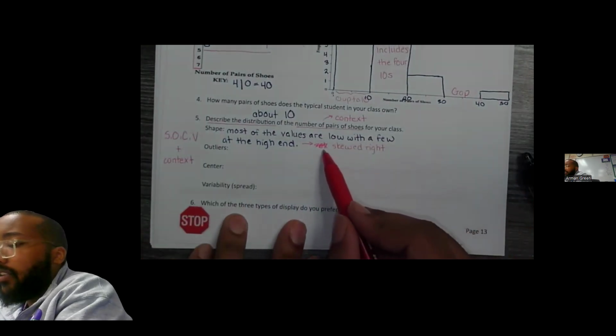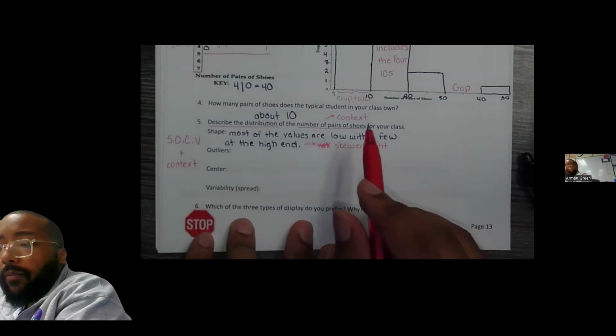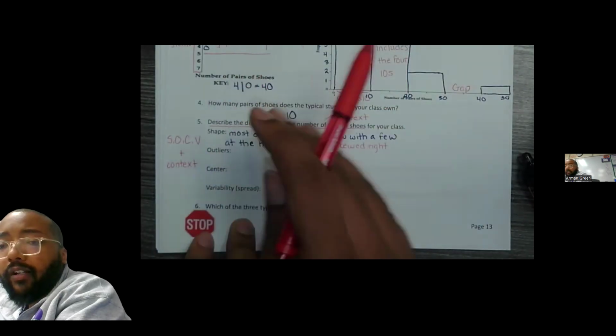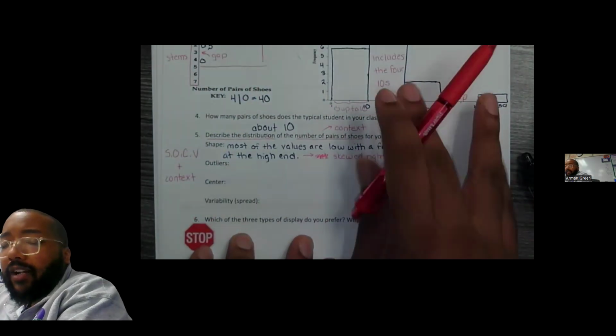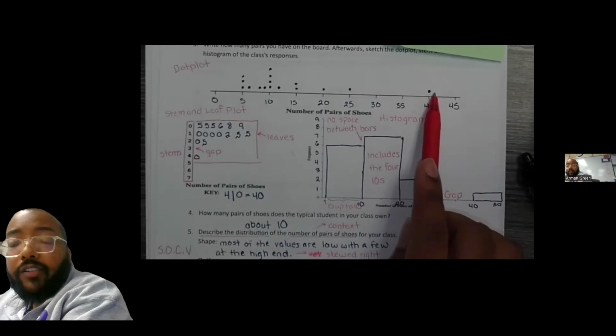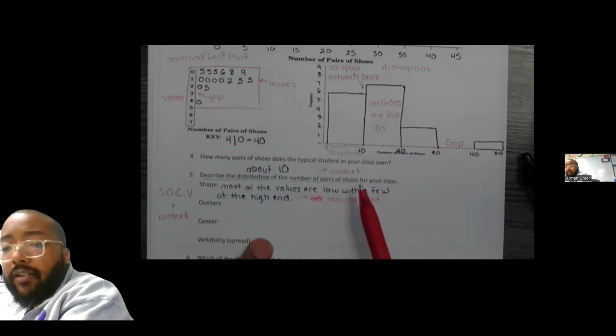So not only is this a skewed right distribution because most of our numbers are on the left side, and we have a couple of these high end numbers on the right side. That's why it's called skewed right. We've got a couple of numbers way on the right side.